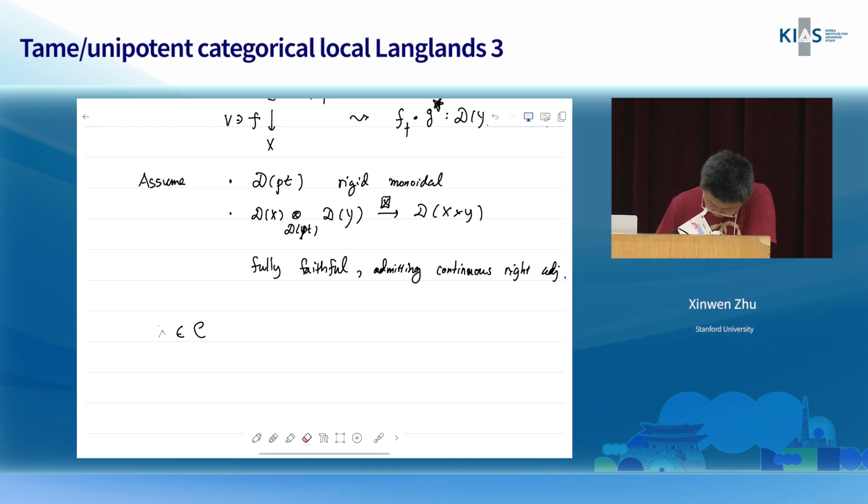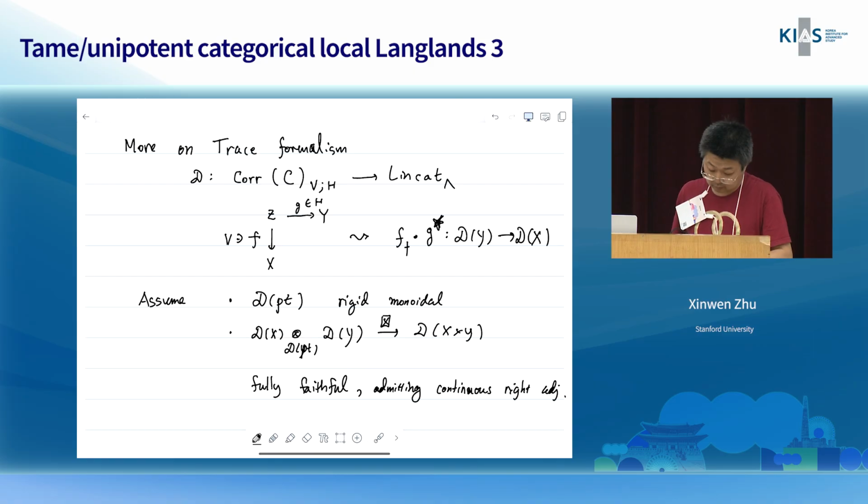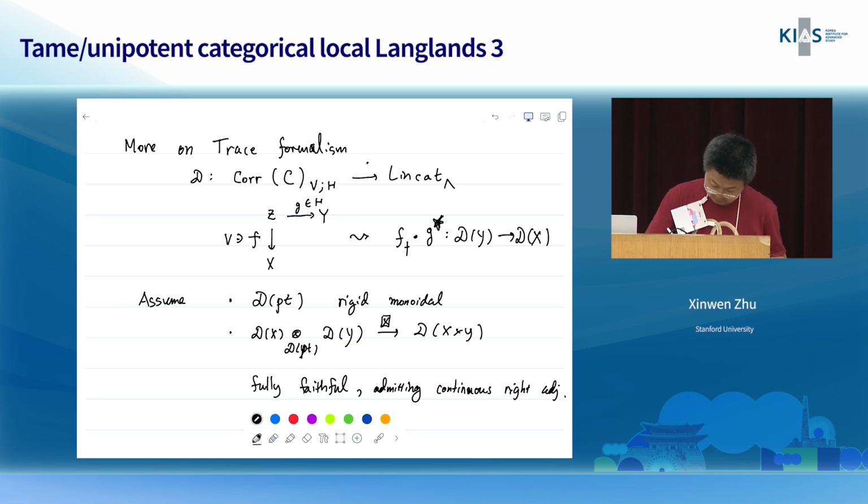The exterior tensor product does not need the star pullback. It is inherent in this, since this is a lax symmetric monoidal functor.